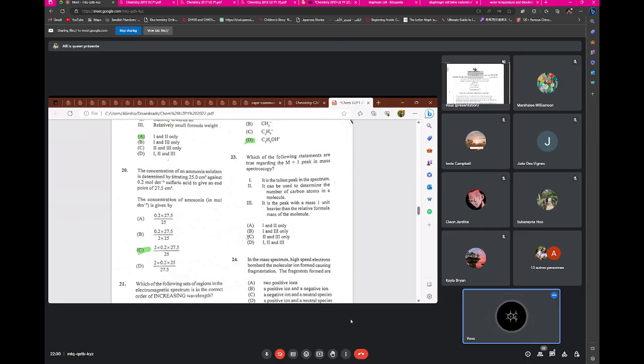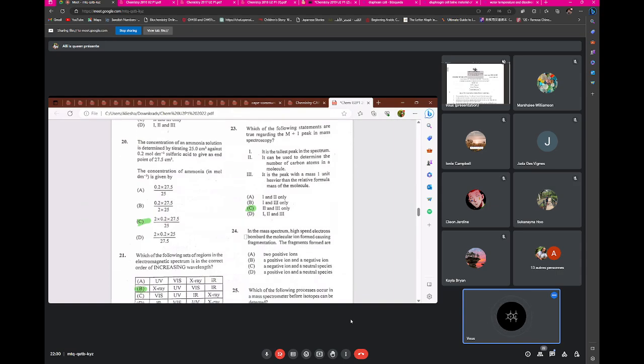Hold on, it would be heavier? It says it has a peak with a mass 1 unit heavier than the relative formula mass. Yeah, it would be heavier, right? So yes. All right, so that is it.